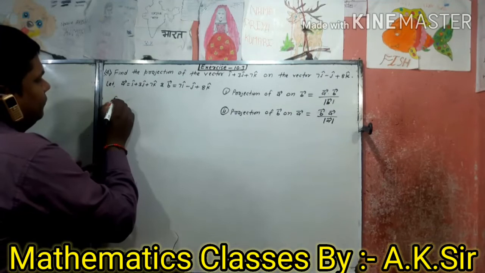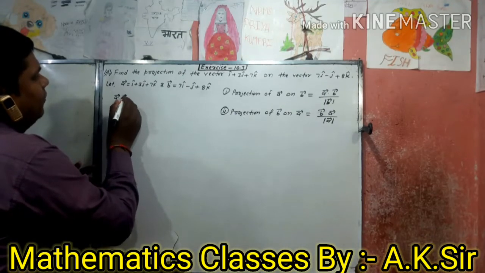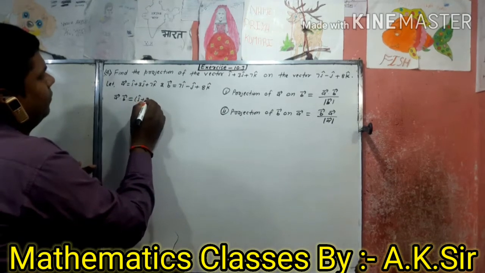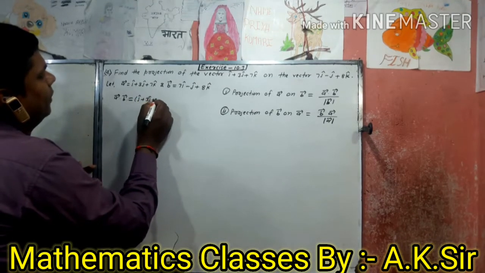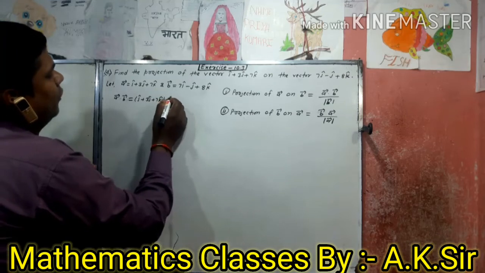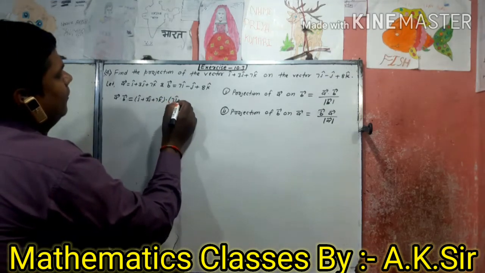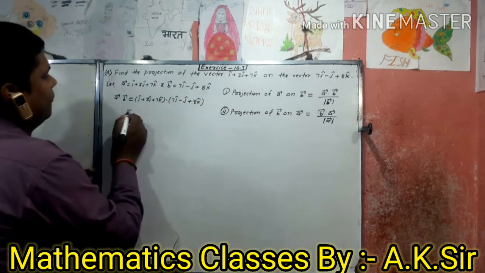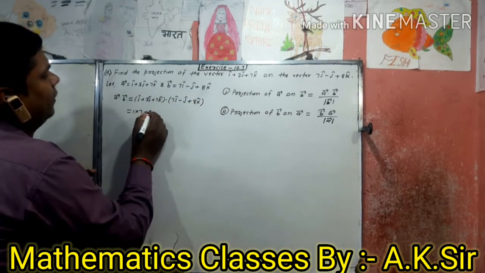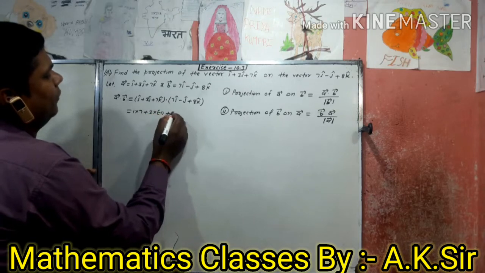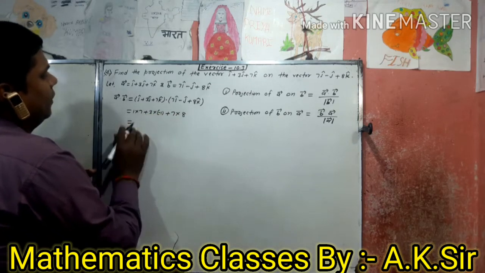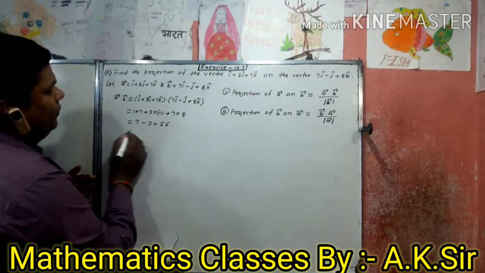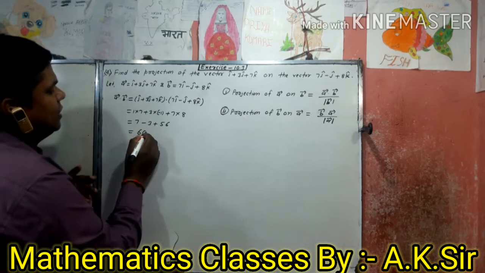First of all, we find A vector dot B vector, which is 1 multiply 7 plus 3 multiply minus 1 plus 7 multiply 8, equal to 7 minus 3 plus 56, which is 60.